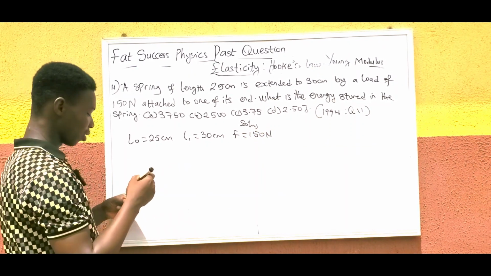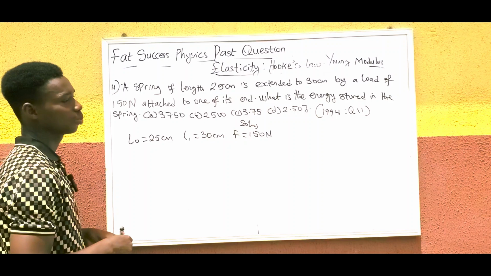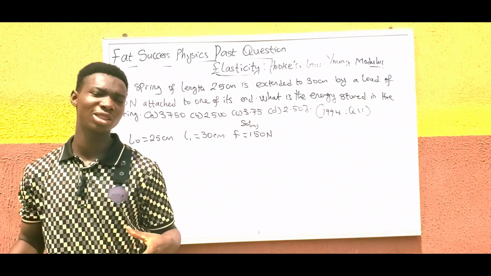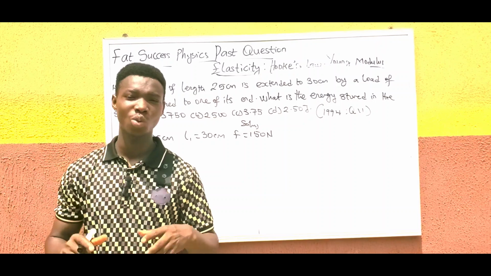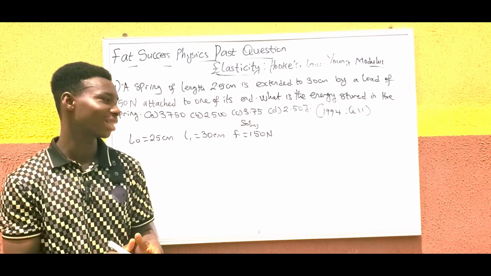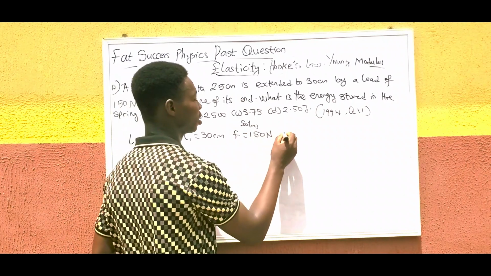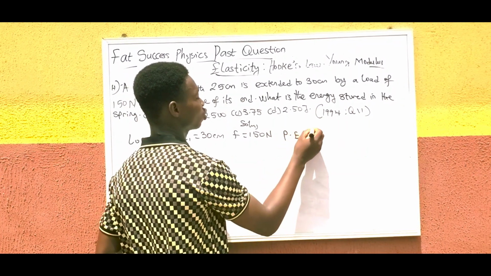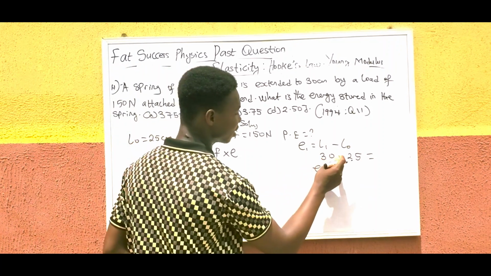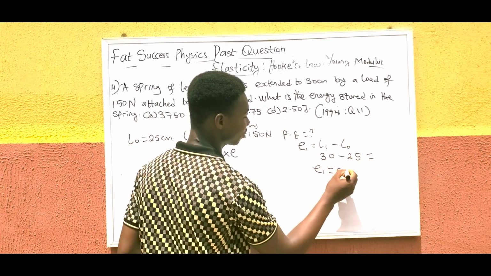So the question says calculate the energy stored in a spring. And don't forget that whenever we make mention of energy stored in a spring, we are referring to potential energy, which is not in motion. They are always stagnant. So we have our PE equals unknown. From here, we can say half times the extension, 30 minus 25 is 5 centimeter.